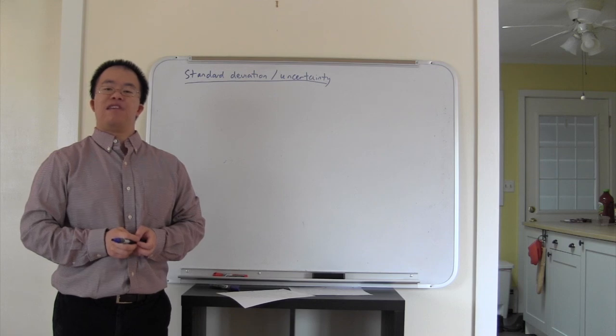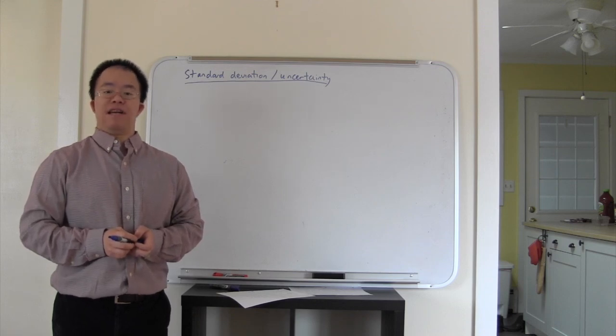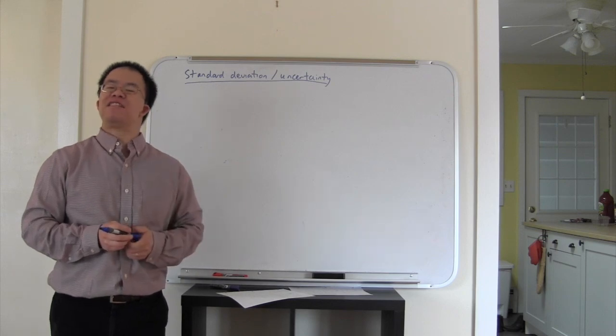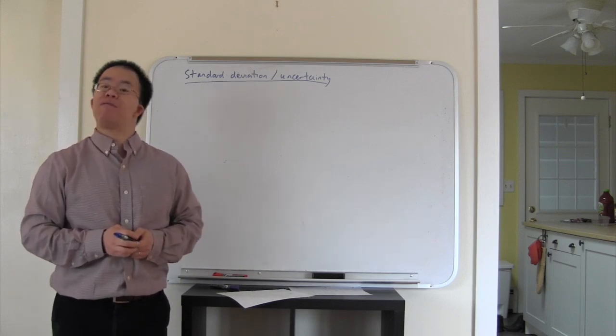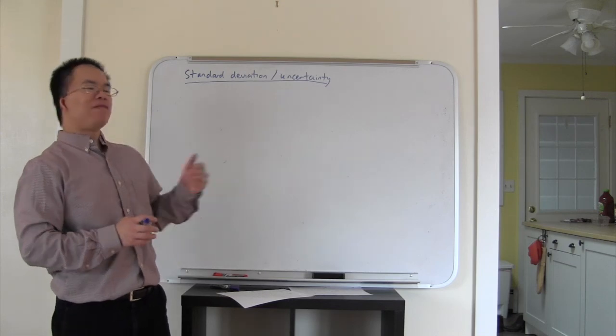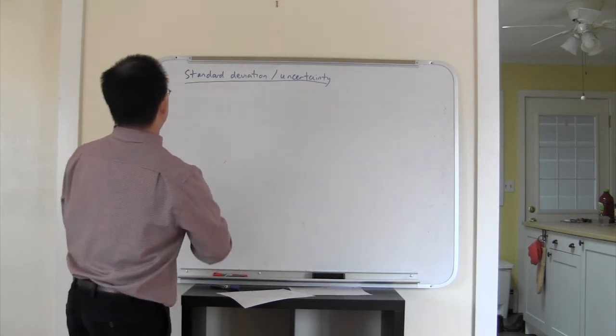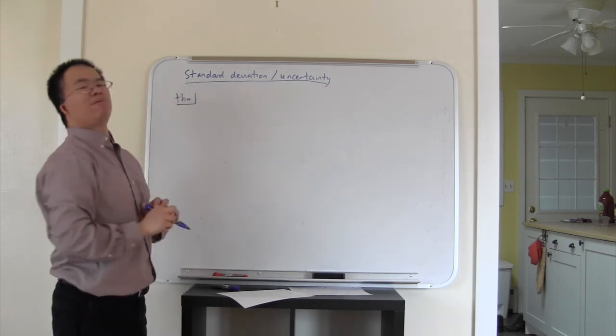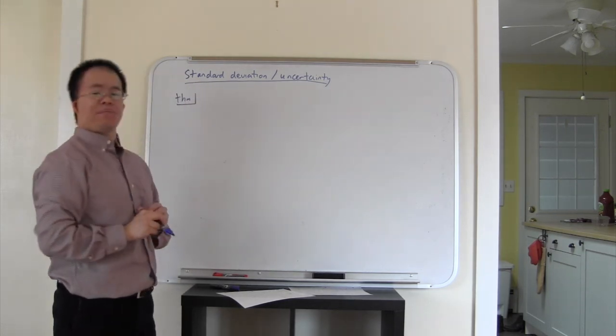Now, there's a useful theorem about the standard deviation. Usually it's not as convenient to calculate it directly from the definition, and it's often going to be easier to use this theorem. I'll sketch a proof after I state it.